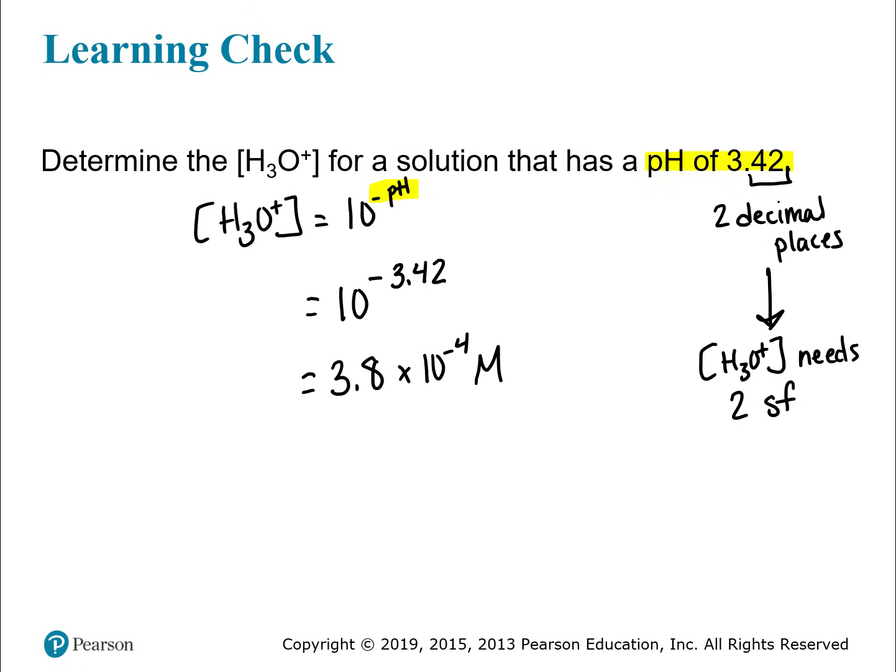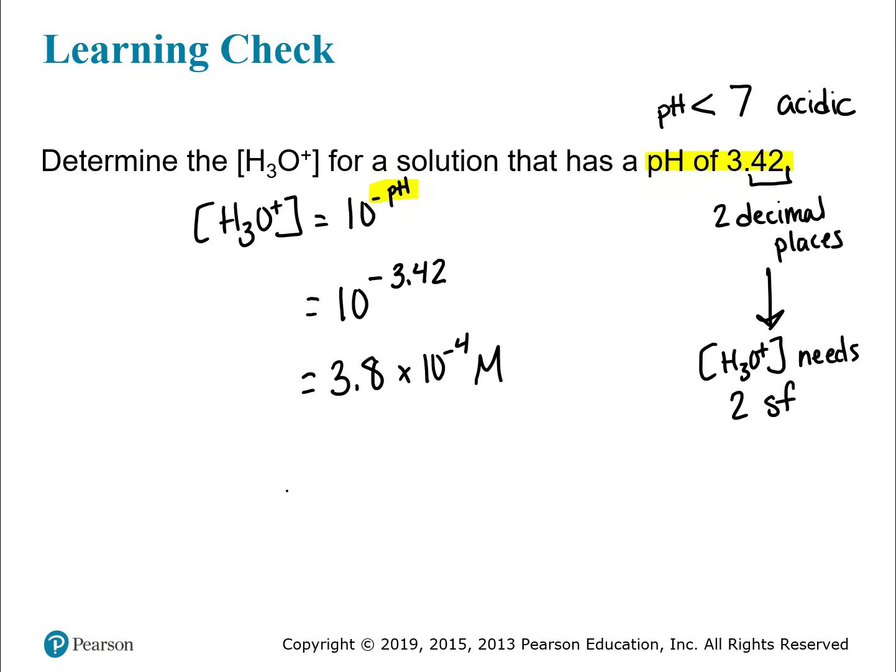Now let's think about this in the context of whether or not it's acidic, basic, or neutral. The pH is 3.42. The pH is definitely less than 7, which means that it is acidic. But we can double check our work to make sure we got something that's reasonable. 3.8 times 10 to the minus 4 molar.